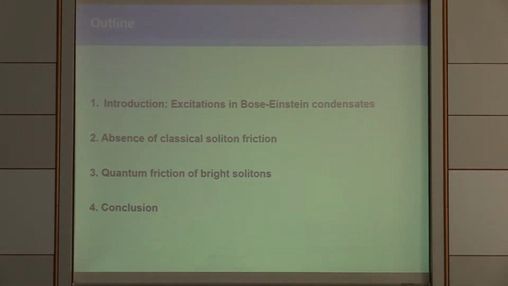And this motivated us to present a derivation of soliton motion coupled to thermal excitations from first principles. And it turns out that rather miraculously there's a different type of friction that emerges that is very similar to the friction that an accelerated charge experiences in electrodynamics that could be observed in these experiments on Bose-Einstein condensates.